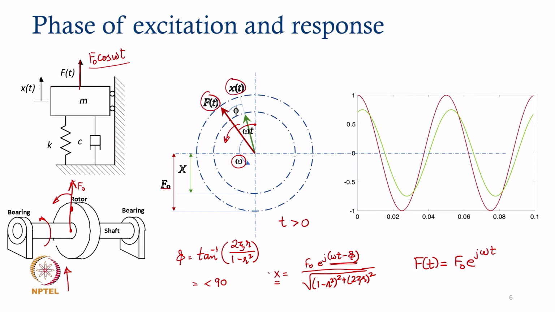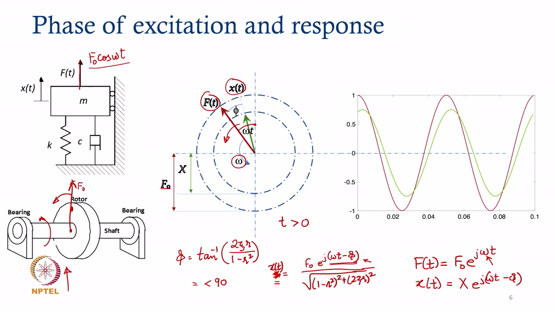So, instead of x, if I write this as x of t, then this is not the amplitude because we have included the time variation in the form of e to the power j omega t. So, x of t is the response vector shown by this green colored vector. Now, obviously, for a linear system, if the force is varying with the frequency of omega, the response x is also going to vary with the same frequency, but they have a phase difference given by phi.